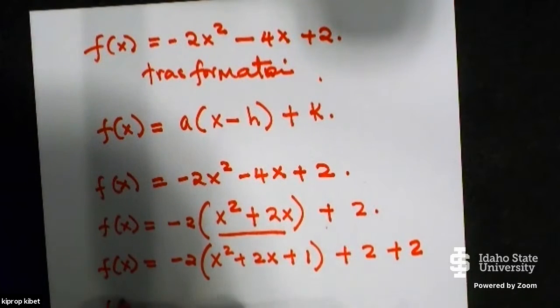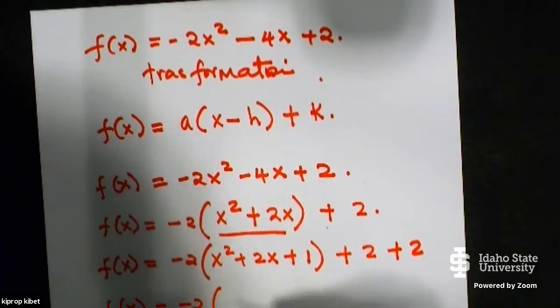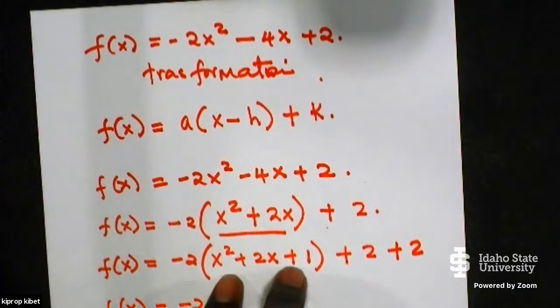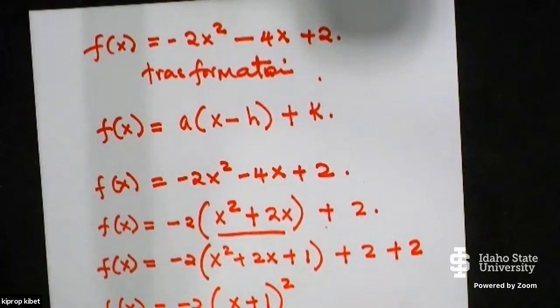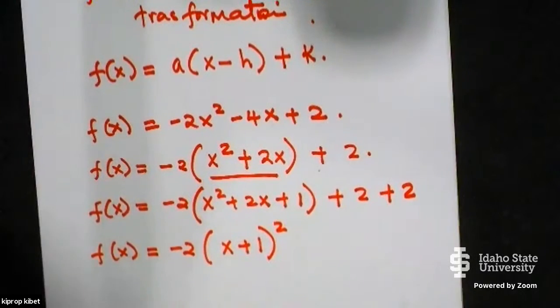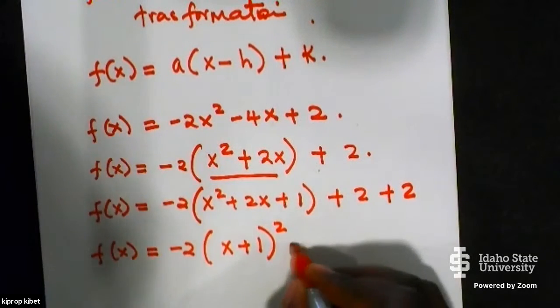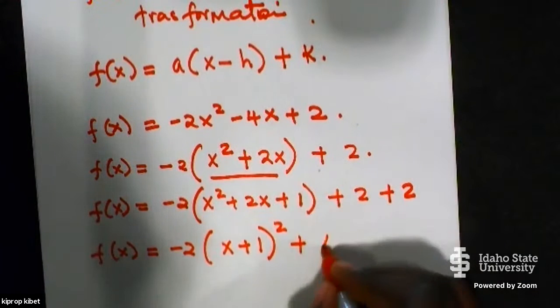So our function f of x now would be equal to what? Minus 2, so here it will be x plus what? Plus 1, and then you square, right? x plus 1 squared, and then plus what? Plus 4.